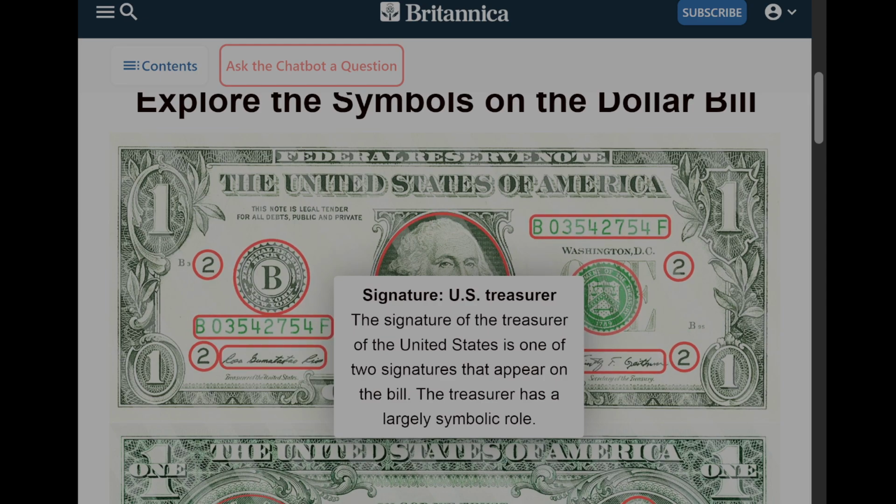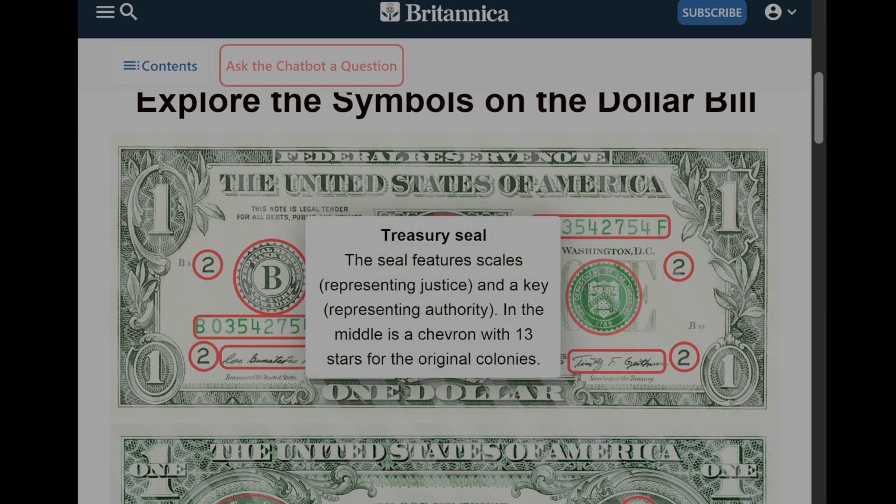Okay, let's go to the right of the head here. Treasury seal, that's that green stamp to the right. The seal features scales representing justice and a key representing authority. In the middle is a chevron with 13 stars for the original colonies.